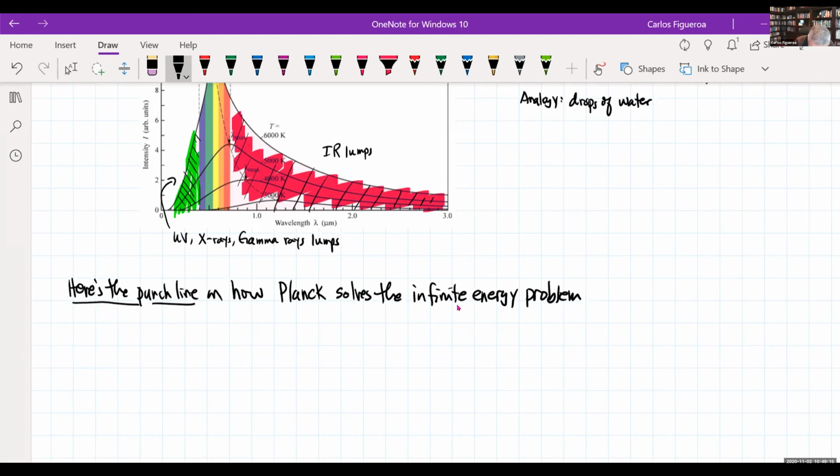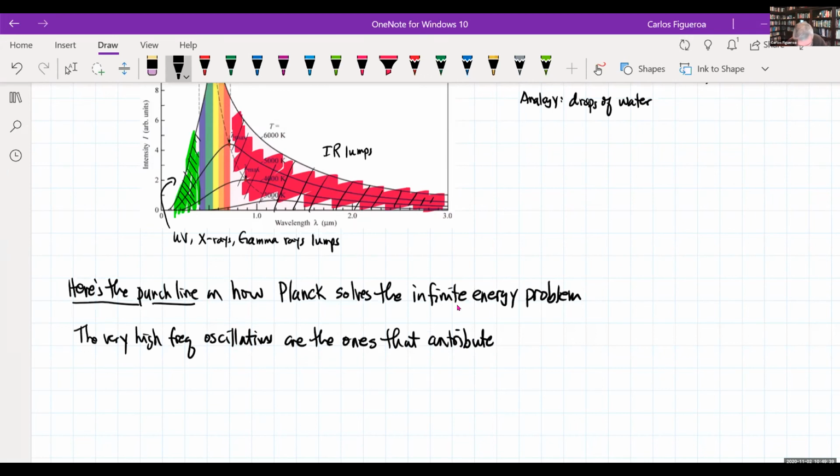In other words, the very high frequency oscillations are the ones that contribute an infinite amount of energy, right?